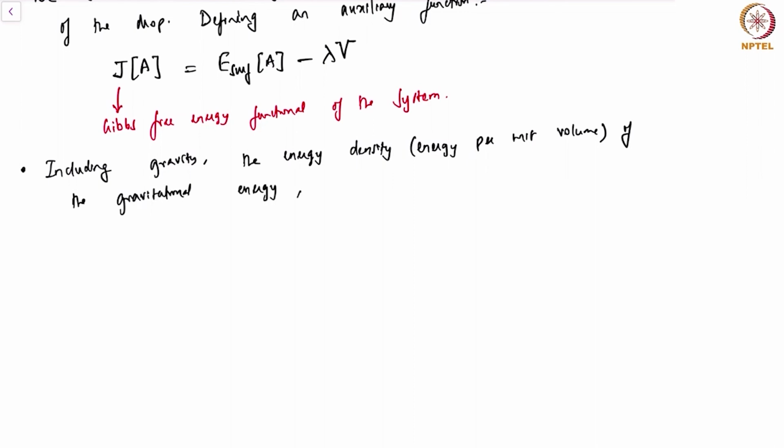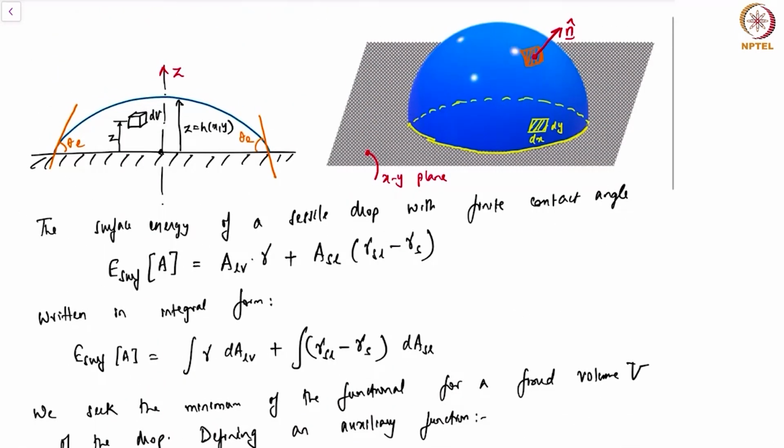What is it? It is just rho g z. That's the energy density. Why is this the energy density? At any given position, if I take a small volume element dv on this left panel that you can see, the total potential energy of that system would be mgh, where m is basically density times dv, that is the mass, times g times the height z.